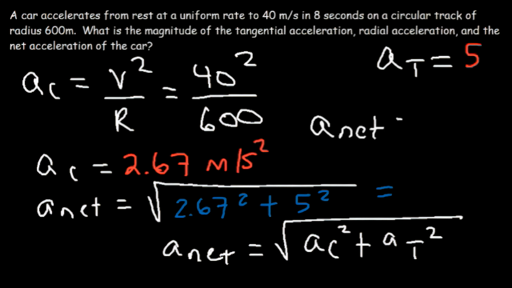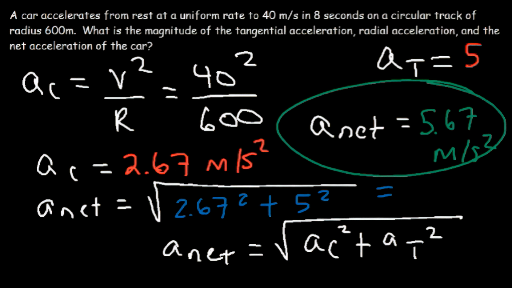So the net acceleration is about 5.67 meters per second squared. So that's what you can do to find the net acceleration if the object is speeding up while traveling in a circle.